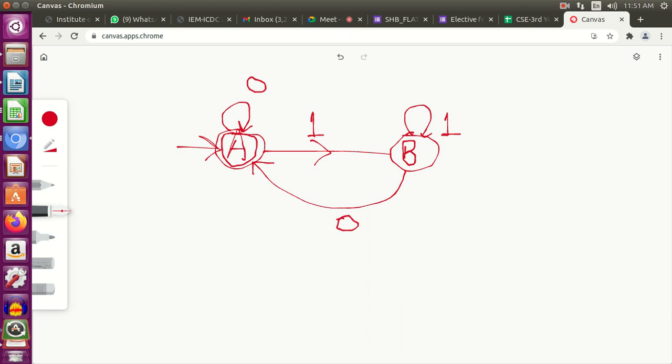As simple as that. So I will always redirect this edge to the starting state as well as this accepting state. Whenever I get a 1, this is a non-accepting or non-final state. Right. So this was quite easy, right?